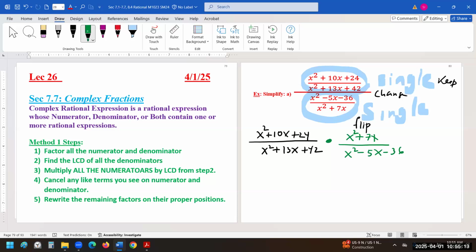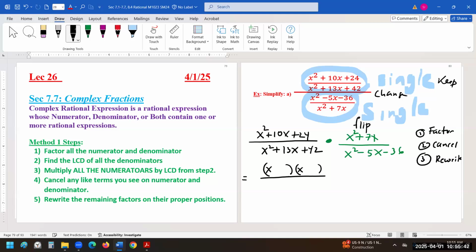Now it becomes a multiplication problem, and we know how to multiply, right? There are 3 steps to multiply rationals. What's the first step? Factor. Good job. So we are going to factor, cancel, and then rewrite. Let's factor the numerator.